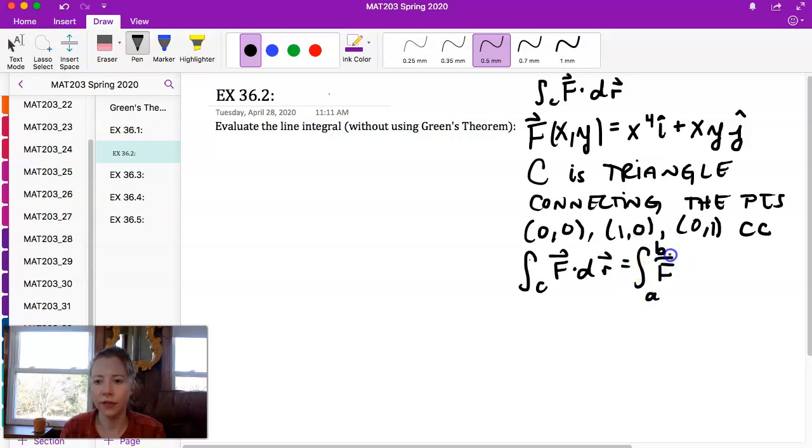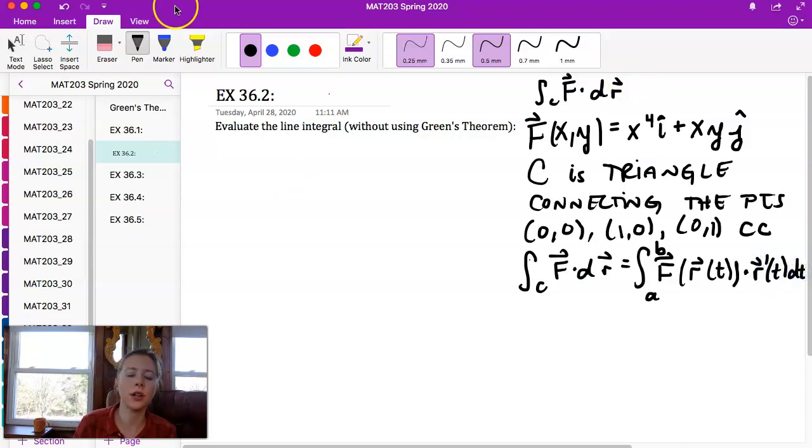Okay, so using then that the line integral of F dot dr is going to be the integral from a to b of F of r(t) dotted with r prime of t dt, just like we were doing several lectures ago. And so let's just start by drawing out our triangle.